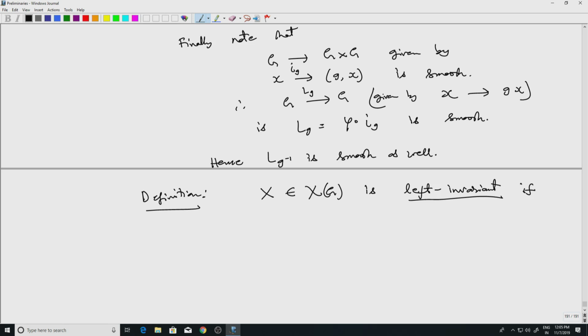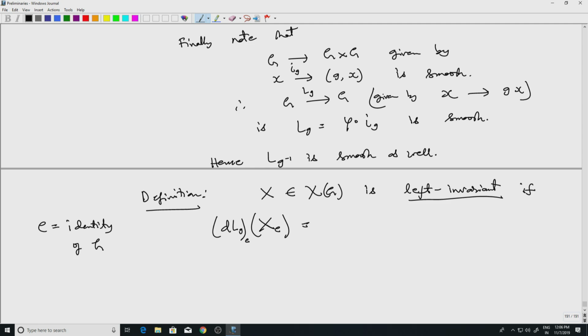What I can do is start with the value of the vector field at the identity element, where e equals the identity of G. Then I look at the derivative of the left translation L_g at the identity. In general, this will give me a vector. X_e is a tangent vector at the identity.